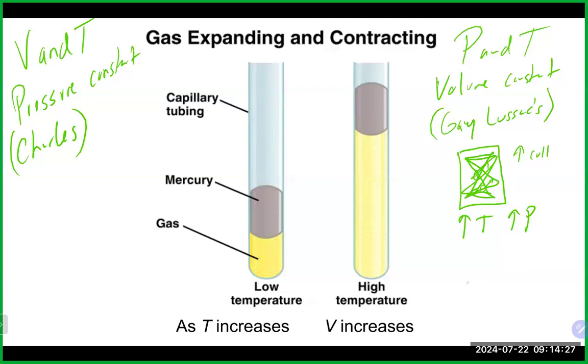Now, if we take the same situation here, a bad drawing of a container, and we do the opposite, which is decrease the temperature, what we would expect is our gas molecules should start flying around a lot slower. So they should slow down.